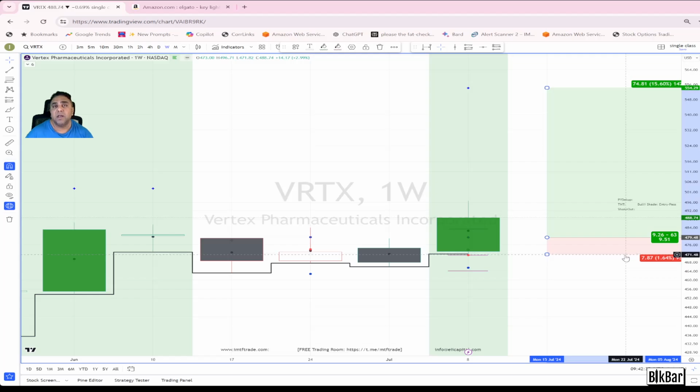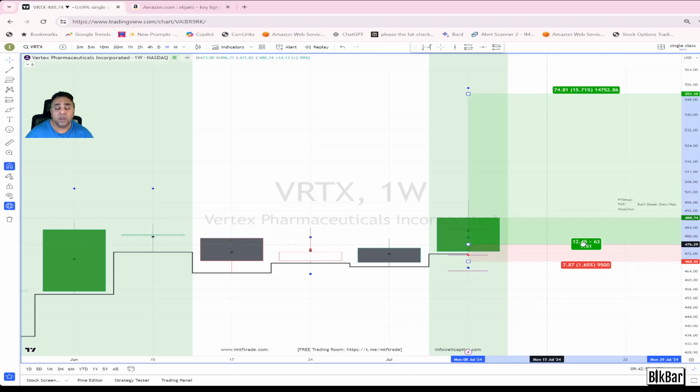If not, it's not a great technical setup, believe it or not. Money management trumps technical analysis. That's the only way you could achieve consistent profits. In this trade here, you're risking $7.87 to make 74, so this gives you a 9 to 1 or higher reward risk, which is exactly what we're looking for.